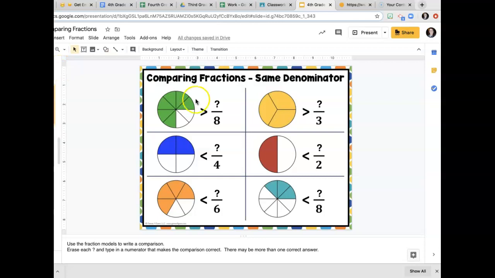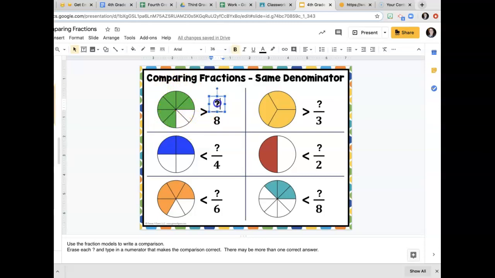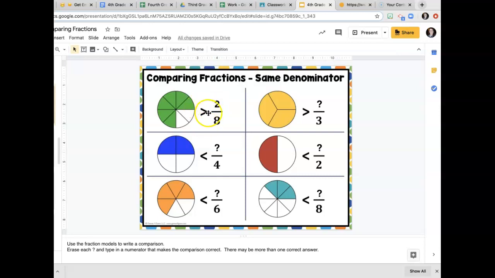Next one, it gives me the fraction, and I just have to pick something that's less. So something less than 6/8. How about 2/8? That would be less. Because something is less when, let me rephrase that.